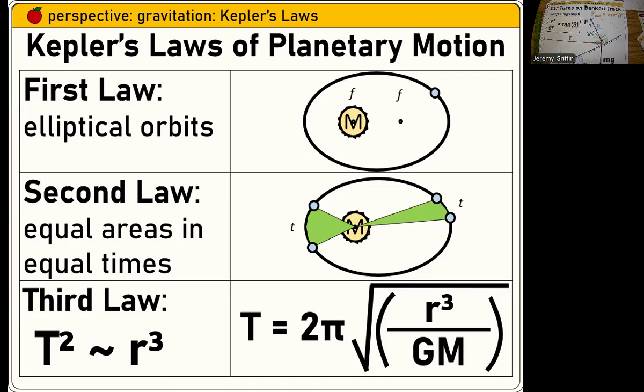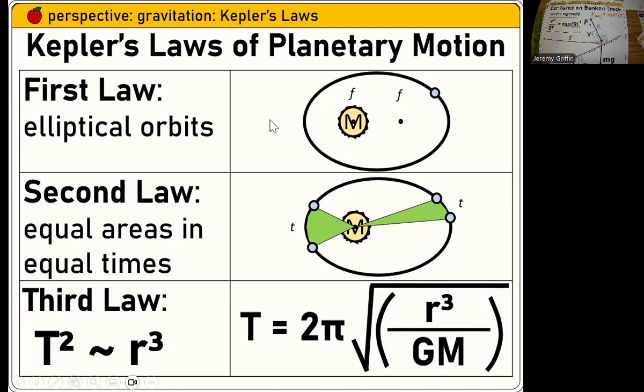They were looking extremely precisely at where planets are in the night sky, like where exactly is Mars night by night, a tiny fraction of a degree every single moment. Kepler was trying to figure out what equations could govern the motions of these things. People had just figured out that the sun was at the center of the solar system, so this is after Copernicus. But what equations?